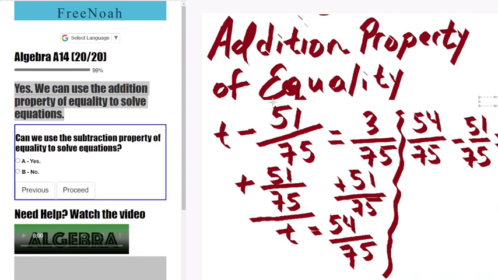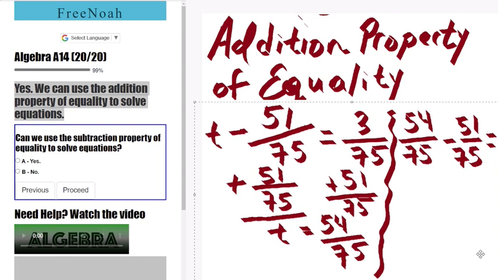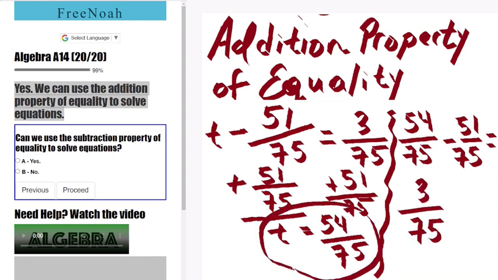So on the right side of this column here, we have 54 over 75 minus 51 over 75, giving us 3 over 75. And that's how we solve and check equations here that deal with fractions.